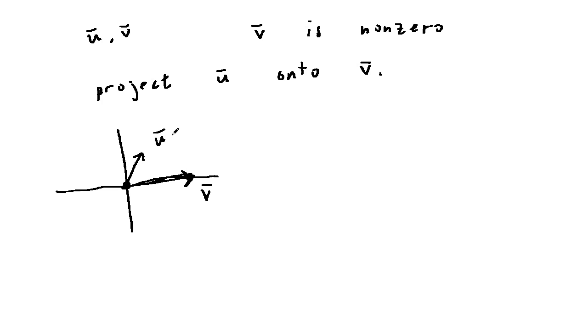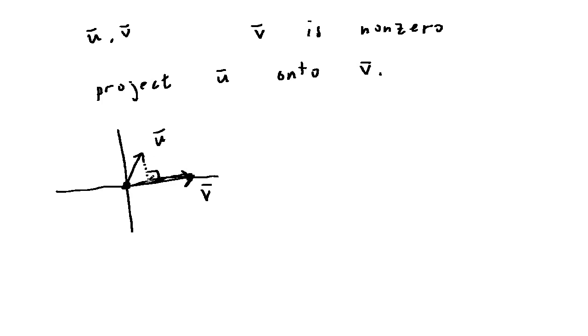Now when we take u and consider what happens if you draw an imaginary line down to v, from the point u, draw a perpendicular line straight down to v.